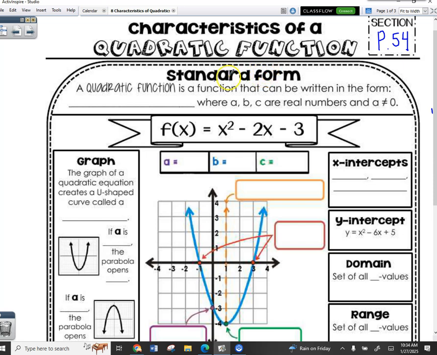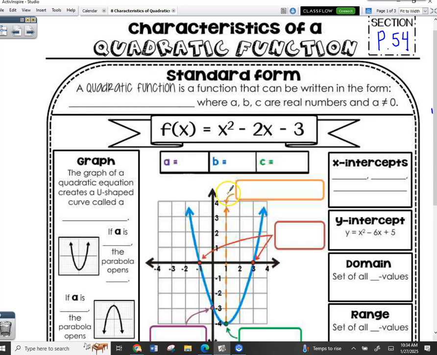Okay, first of all, a quadratic is a function that can be written in the form, and then this is blank right here. Notice it says standard form. What's the most standard way to organize a bunch of things? How would you organize a set of books?